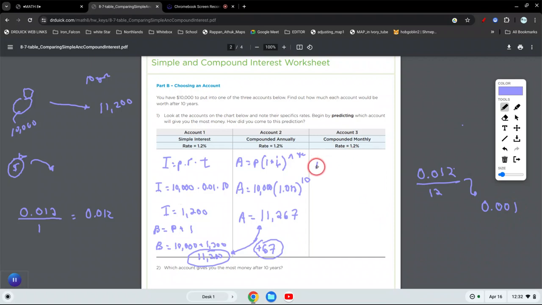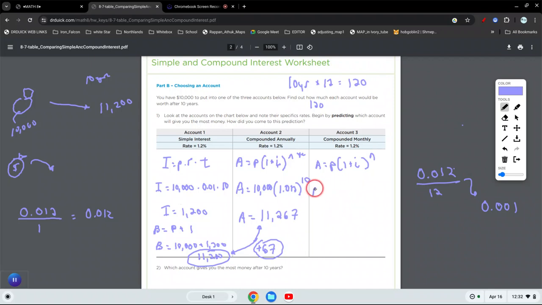That's what I'm going to use in my calculation. A equals P times 1 plus i, raised to the number of compounding periods. Since it's 10 years, compounded once every month, that means it's 120 times. How do I get that? 10 years times 12 months equals 120.